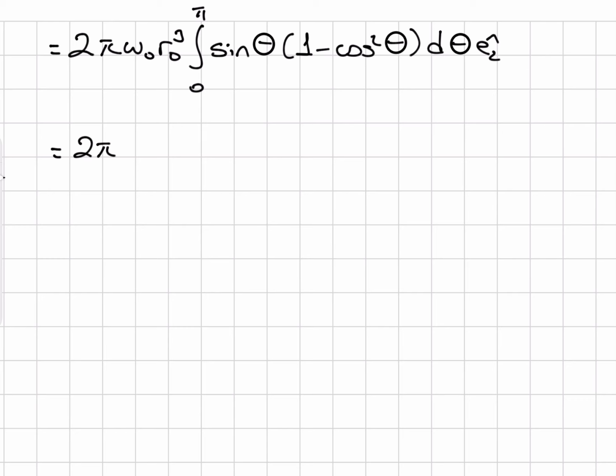2 pi omega 0 r0 cube. The integral of sine theta will give me minus cosine theta. That will be evaluated between 0 and pi.